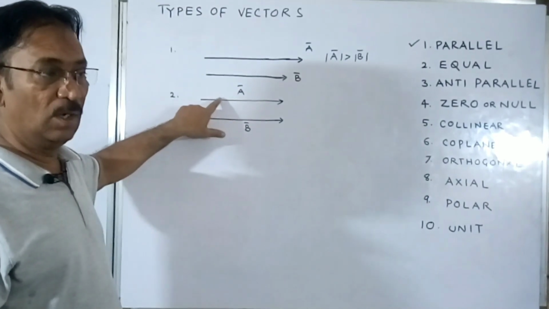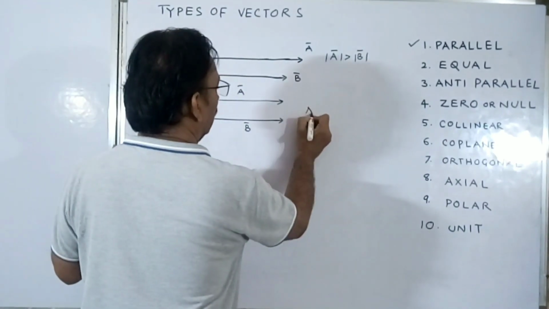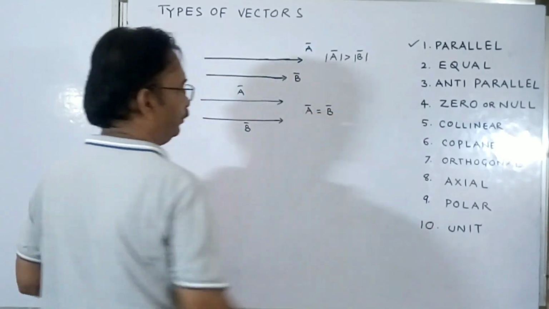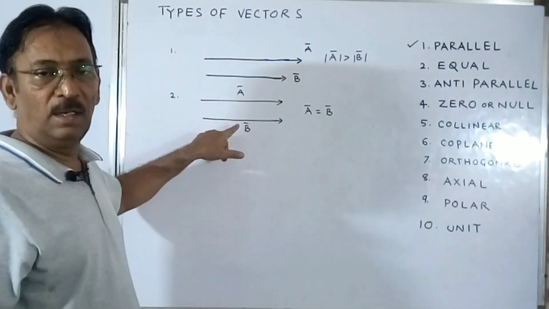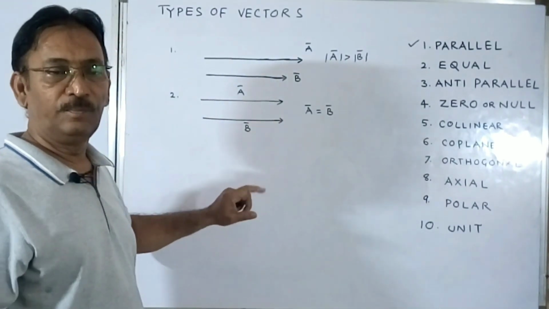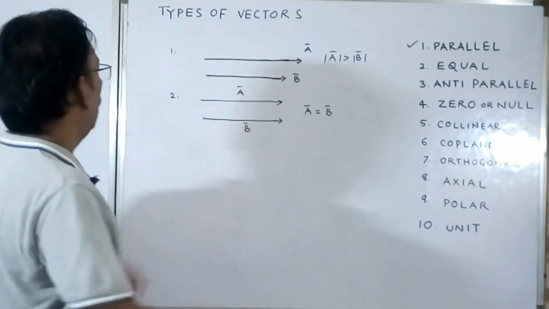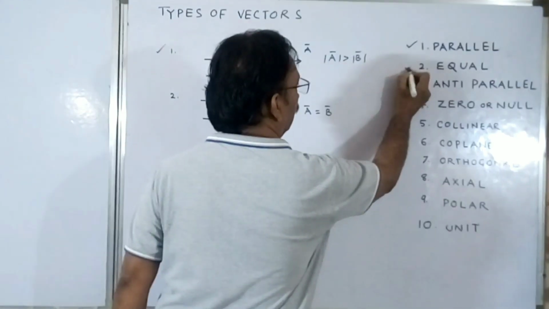They are not only equal, they are also parallel. In this condition we can write vector A is equal to vector B. In equal vectors, not only is the angle between them 0, but also their magnitudes and directions are the same.